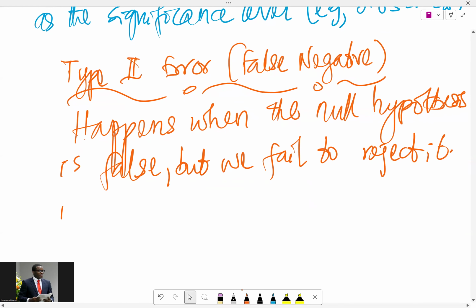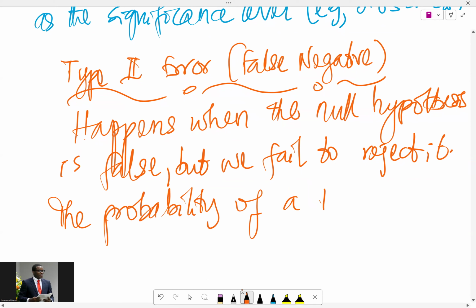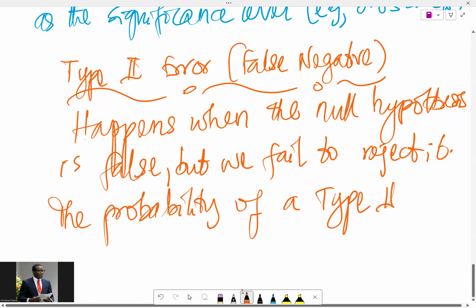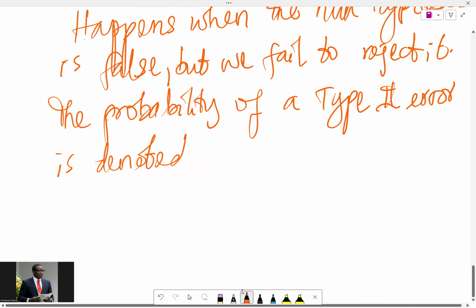Okay. So the probability of a type 2 error is denoted by beta.